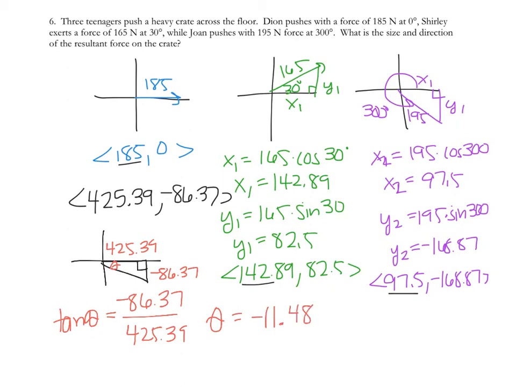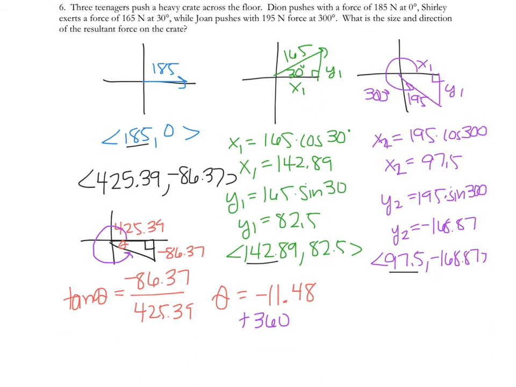But we have to find that based on it being in the fourth quadrant. So if I wanted to get to the fourth quadrant, I would have to swing all the way around here. I'm going to have to add 360 degrees on that to figure out how big that angle is. And if I add that, that should match the answer that I had, 348.52 degrees. That's your direction.